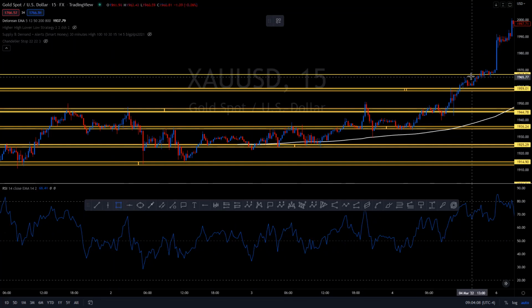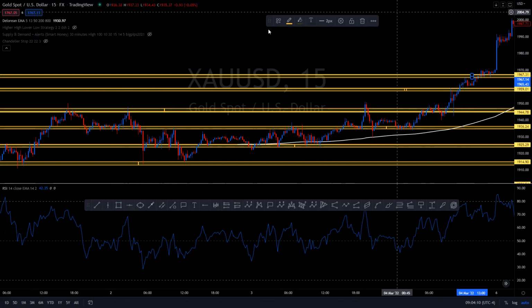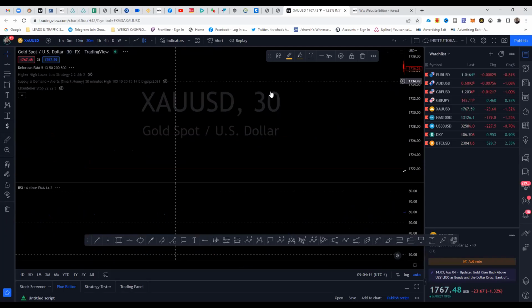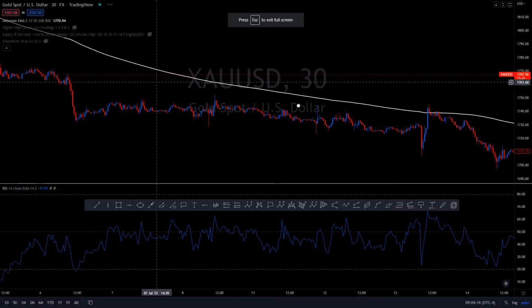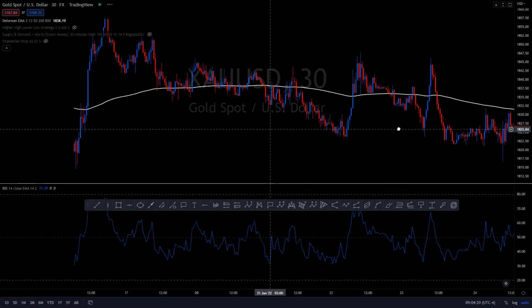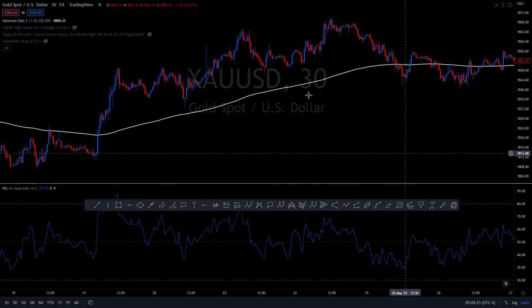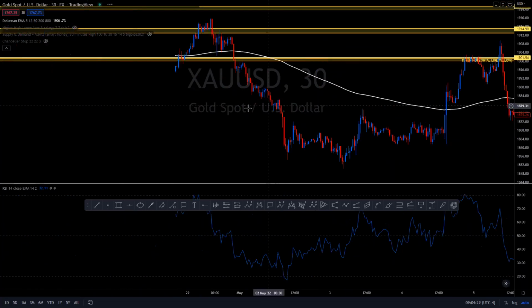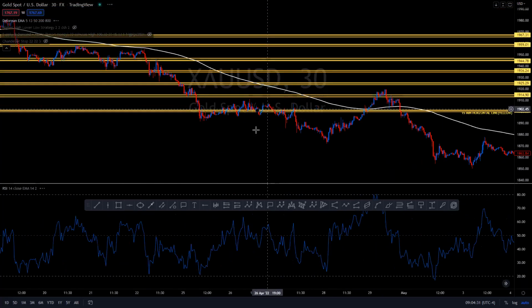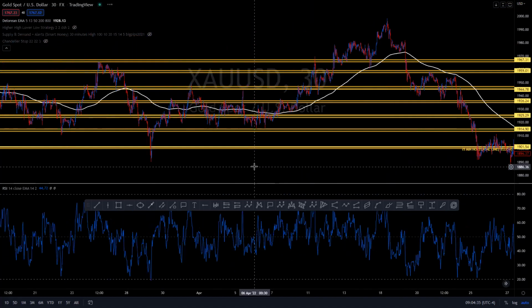And I want to mark up this last area, moving on to the 30-minute time frame. So let's move on to the 30. This is the 30-minute time frame, and this is where we left off.